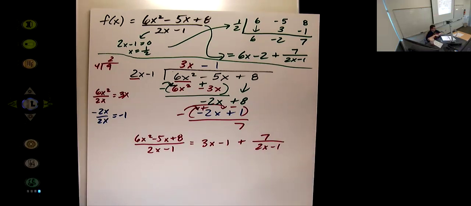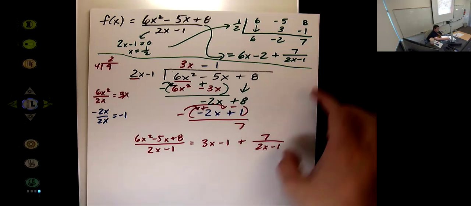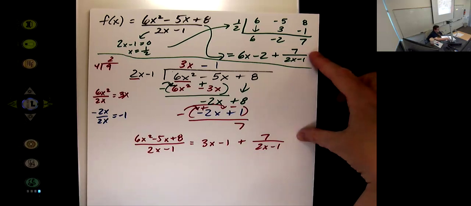We're getting different answers, aren't we? Did that make sense though? Yes, it does. Thank you. And we got a different answer, didn't we? These two don't match. So which one's right?